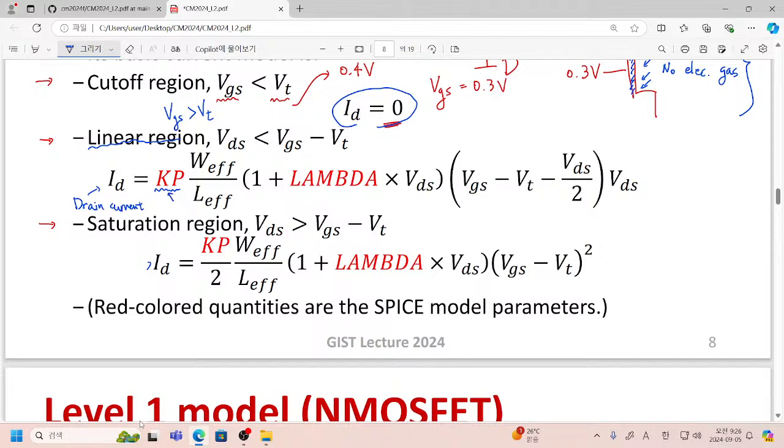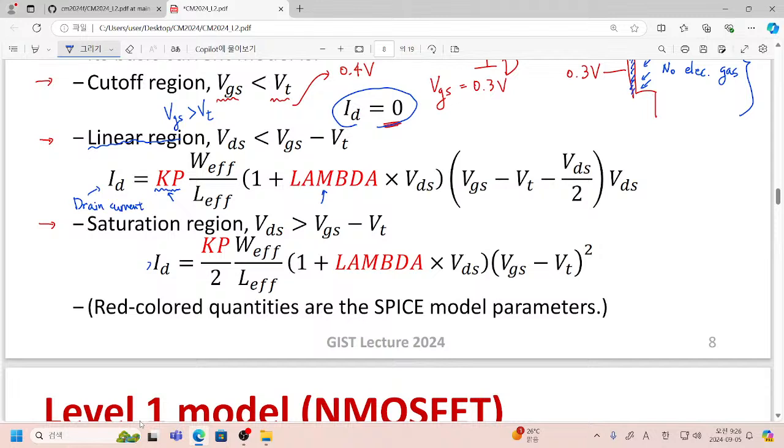This one is just model parameters. The user of a compact model should specify the actual number of Kp. Then how about this lambda? Yes, you also have to introduce your lambda value.